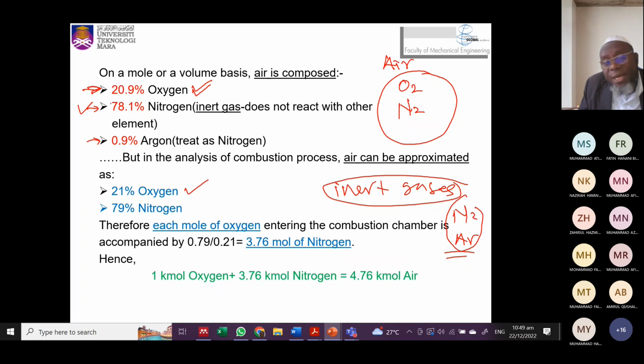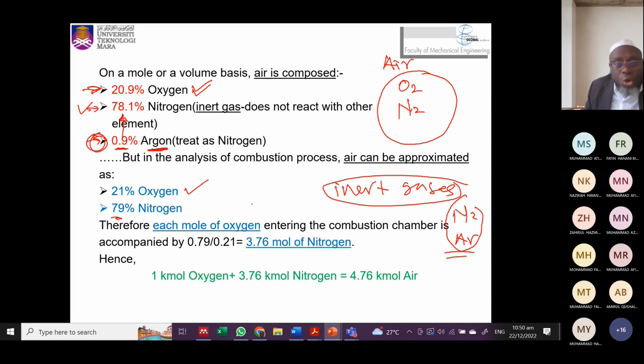So nitrogen forms a very large percentage. And then this is argon. Since the argon is treated as nitrogen, it means we add it to this nitrogen because it is insignificant. You understand me? So we just add it to the nitrogen, and then it becomes 79%.